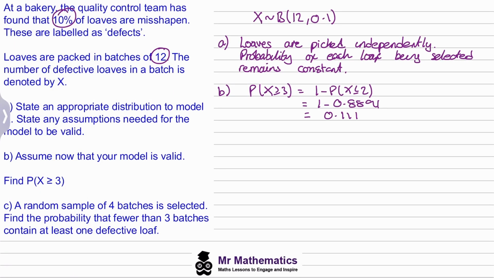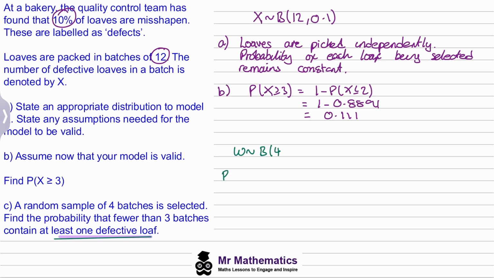And then for question C, a random sample of 4 batches is selected. Find the probability that fewer than 3 batches contain at least one defective loaf. So we need to define our new model, where W is distributed binomially. We've got 4 trials, and we need a probability of at least one defective loaf.